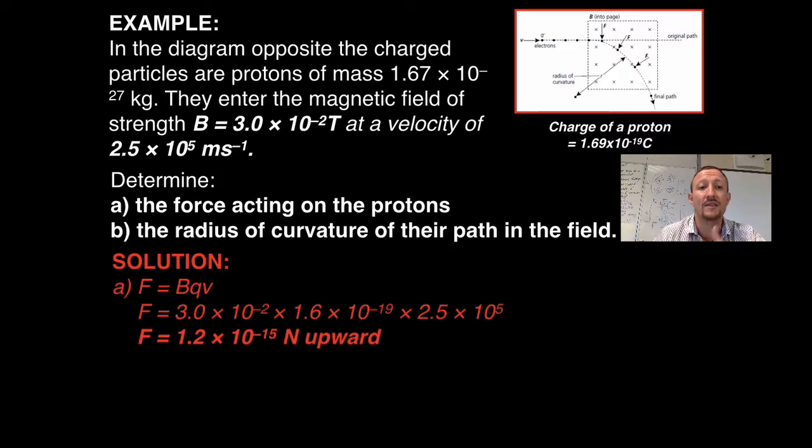We know that B is 3 times 10 to the negative 2 Tesla, Q is the charge, which is 1.6 times 10 to the negative 19, and the velocity is 2.5 times 10 to the 5. So the result is that the force generated on our proton is going to be 1.2 times 10 to the negative 15 newtons, and it's going to be upwards.